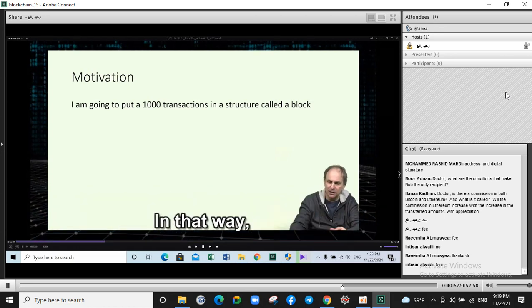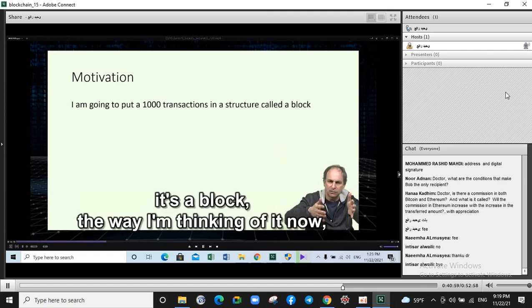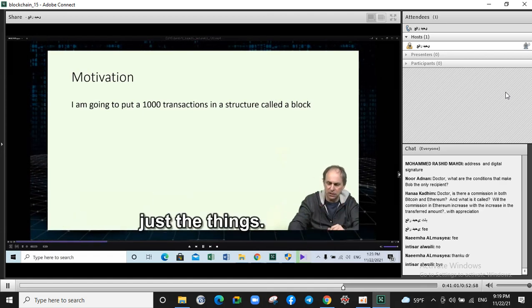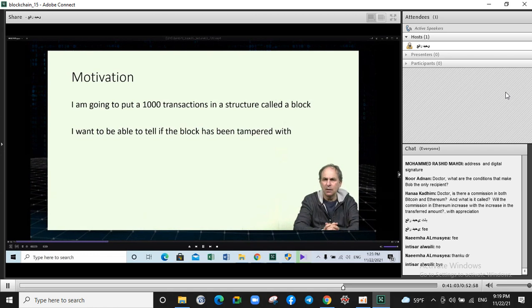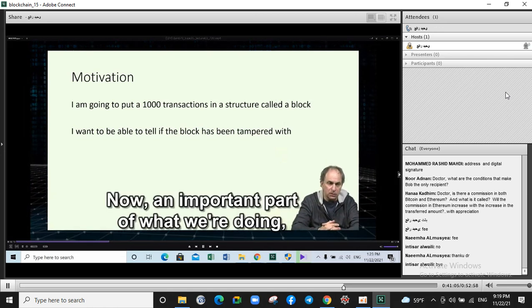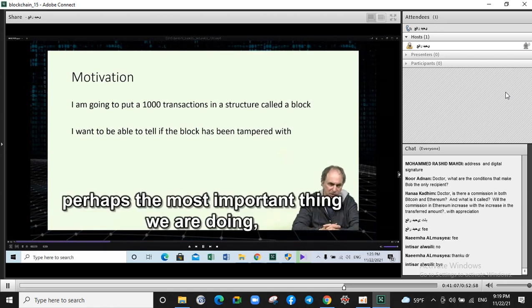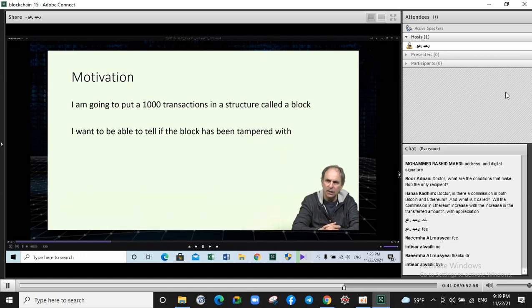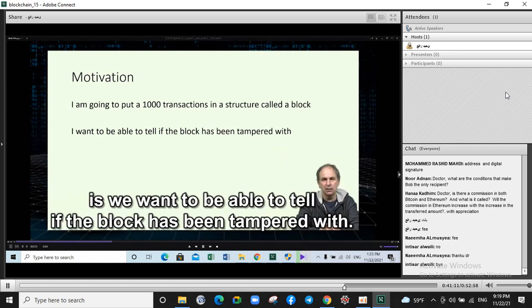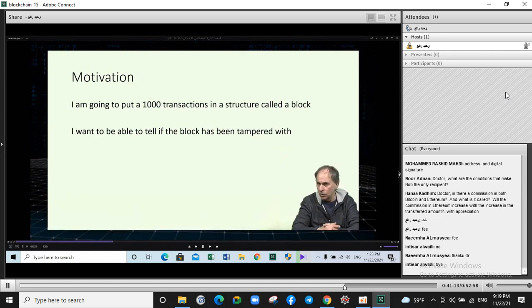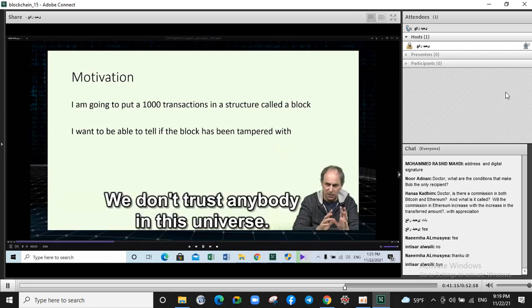Now, an important part of what we're doing, perhaps the most important thing, is we want to be able to tell if the block has been tampered with, right? We don't trust anybody in this universe. In cryptography, we trust. All others pay cash.